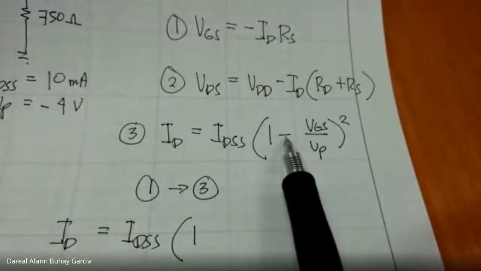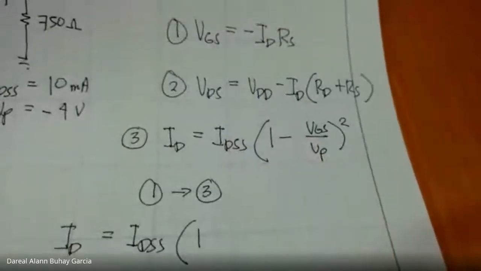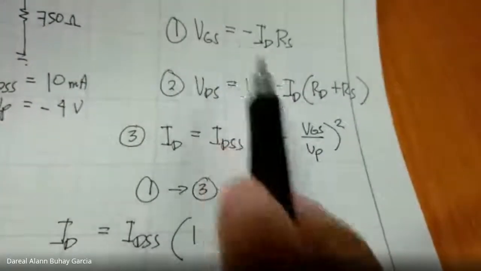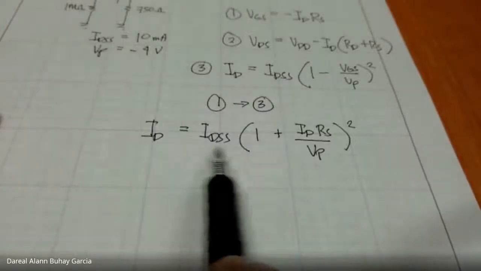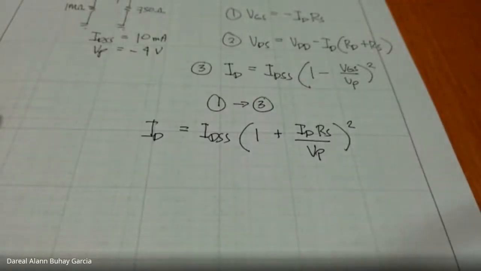It becomes ID equal to IDSS times (1 minus VGS over VP) squared. Since VGS is negative, it becomes plus: instead of VGS, we replace it with IDRS over VP, all squared. One equation, one unknown: ID.